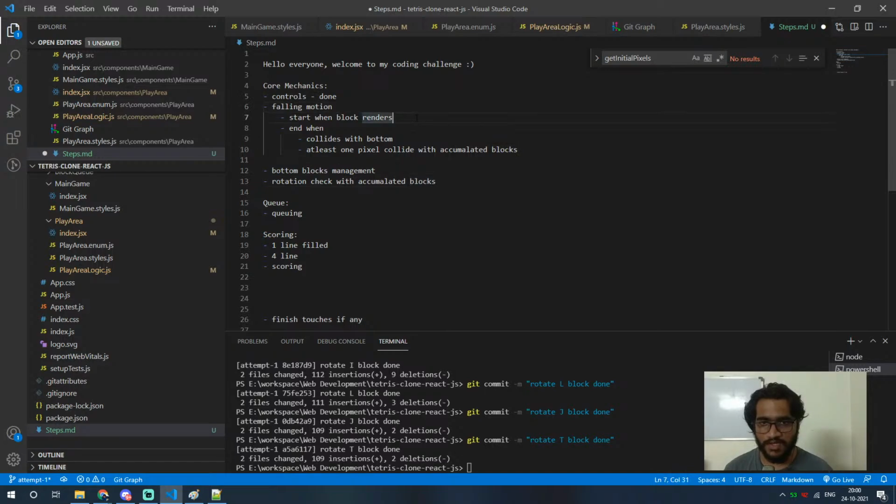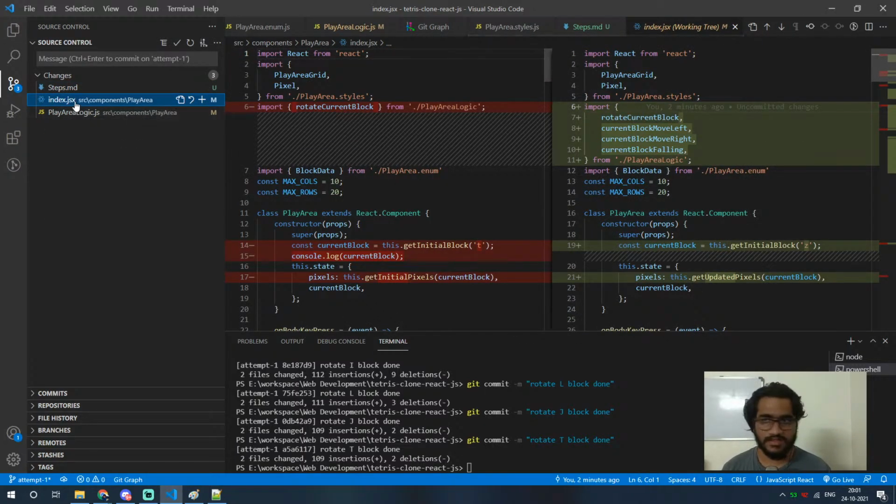So for now, falling motion start has been done, and collides with bottom is done. This we'll do after bottom blocks management, which we will do in the next session. I think we had pretty good progress today.